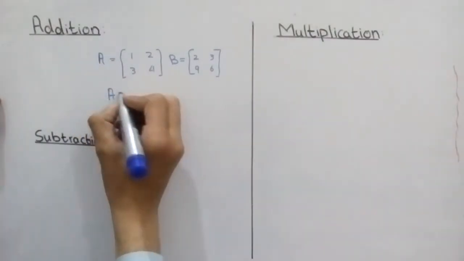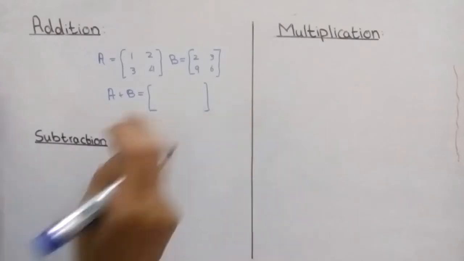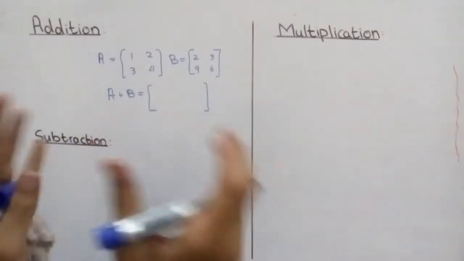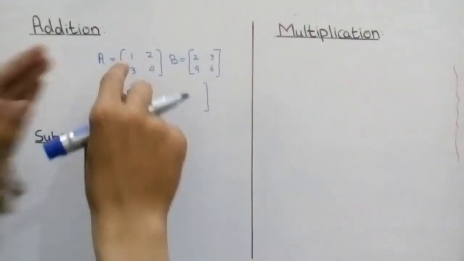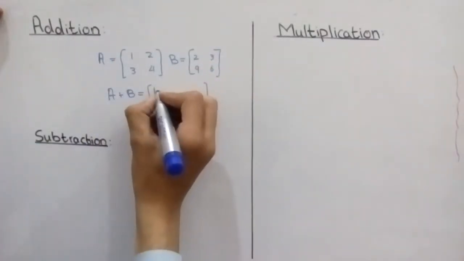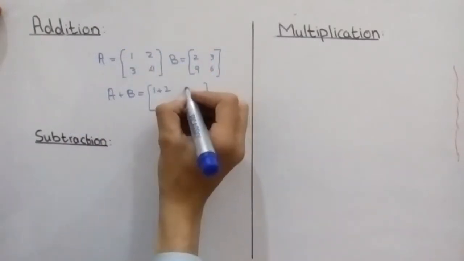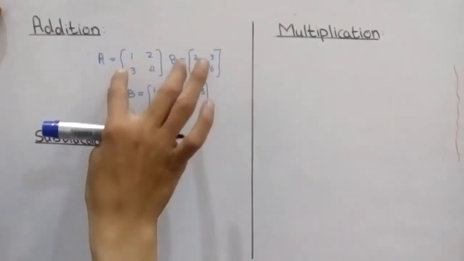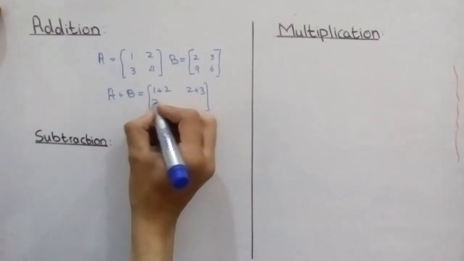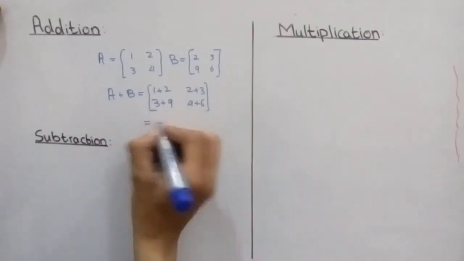Now A plus B will be equal to the addition of the corresponding values of the two matrices. The corresponding value for 1 is 2, and the same for the others: 1 plus 2, 2 plus 3, 3 plus 9 and 4 plus 6.